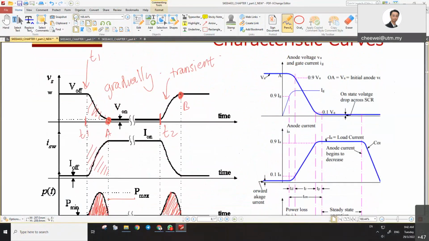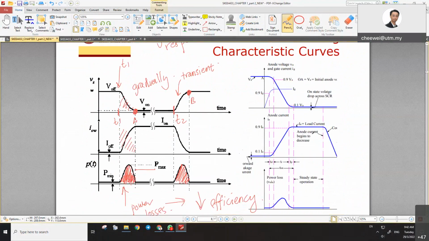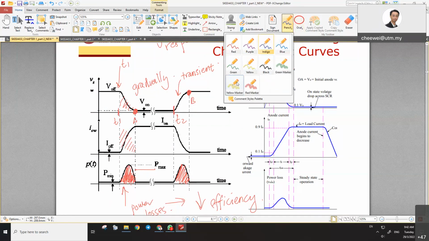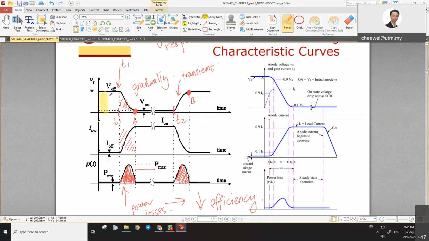We say that when you want to turn on and turn off, this one is turn on or turn off? Where are we starting from? Let's say this region, the yellow region, is on state or off state?